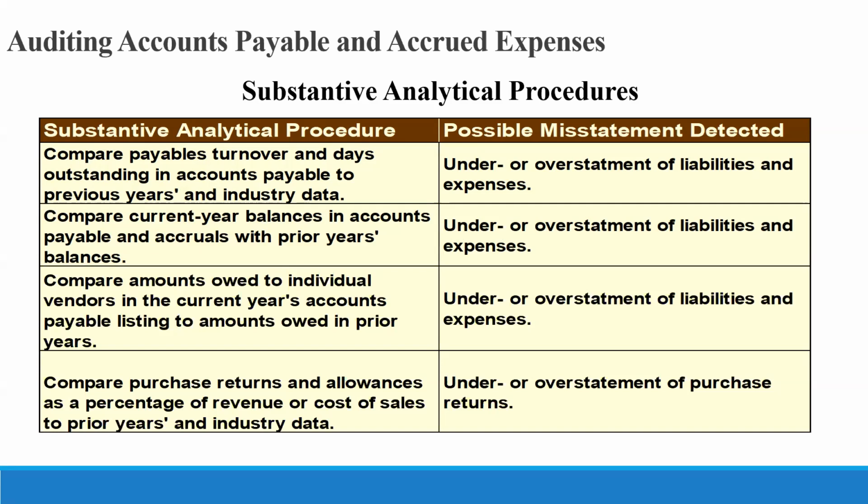Payable turnover indicates how quickly the company pays its payables. Why do we, as auditors, need to analyze payable turnover? If the company has a very long payable turnover, it may indicate the company does not have a good cash position. They may have difficulties paying, right?